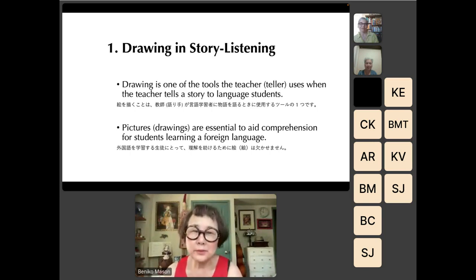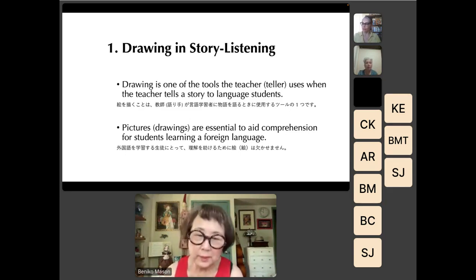The reason they went to sleep was because they didn't understand and they became bored. So that's one of the reasons we draw, and that's only one tool, and there are lots of other things that we do while we tell a story, but drawing is quite important, and so we decided to talk about this subject today.